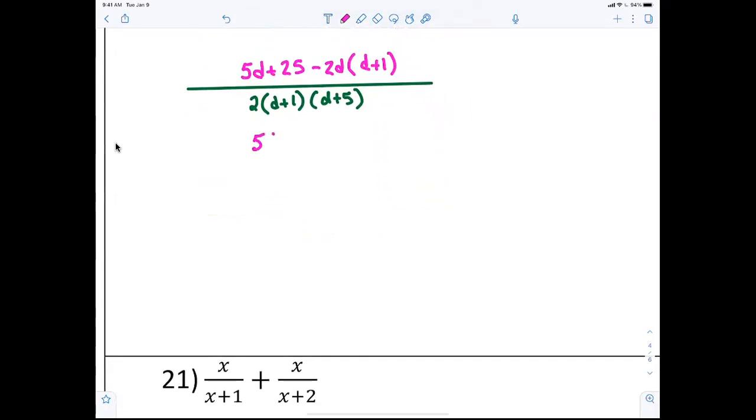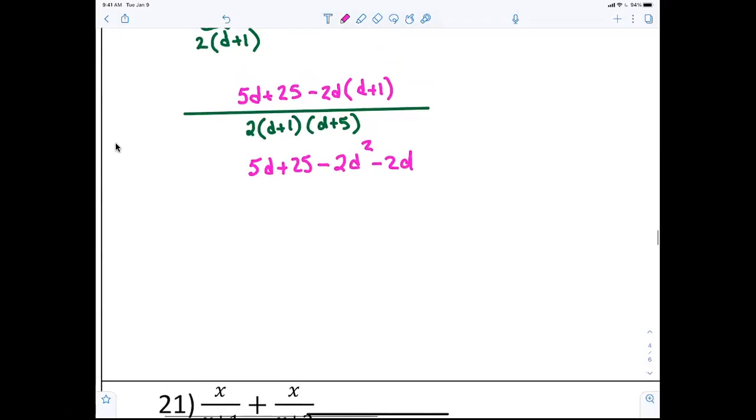So now we have 5D plus 25. Then what? Negative 2D squared, and then plus or minus 2D? Minus 2D, because we're distributing. Good. This times this, this times this. Now I'm going to put the 2 in parentheses.